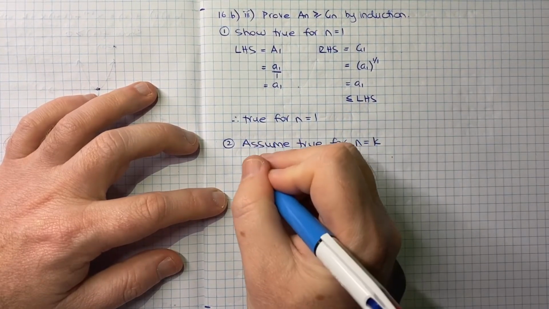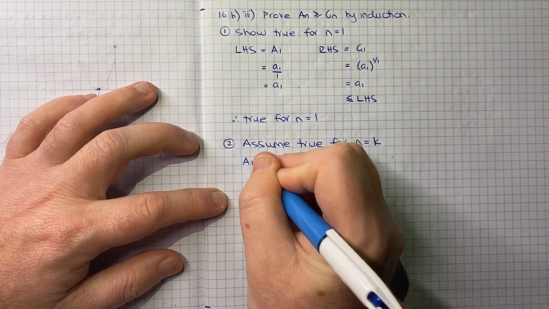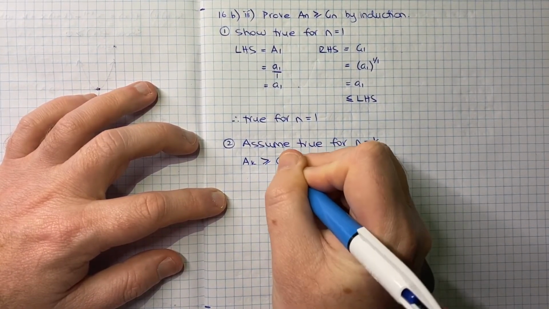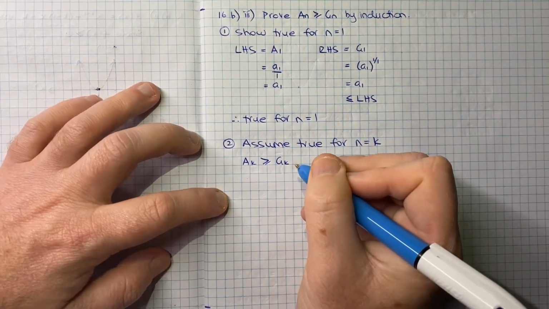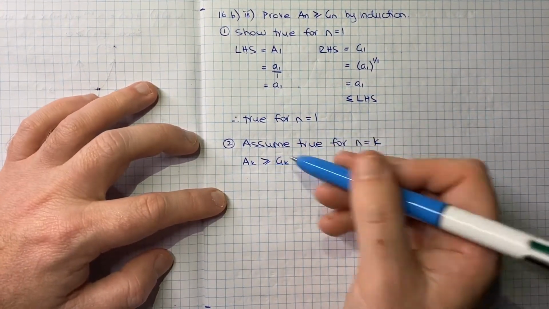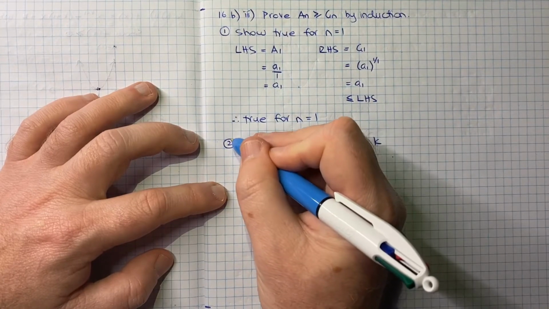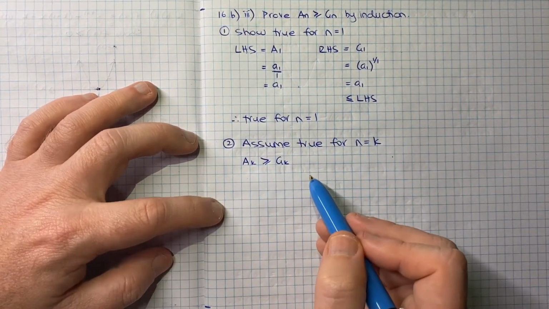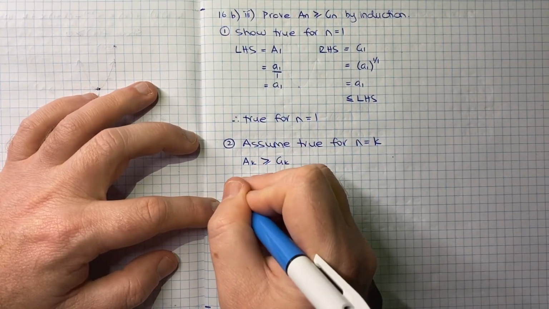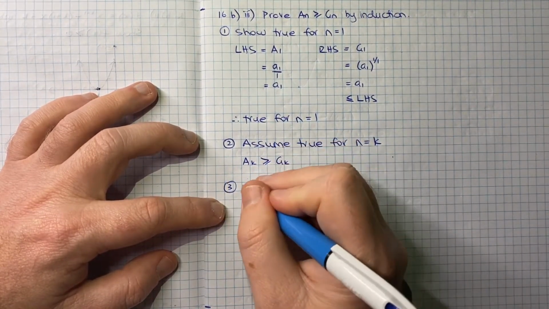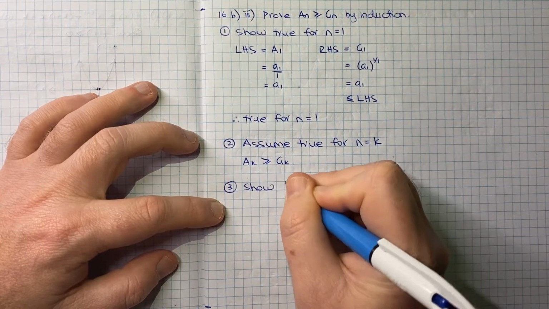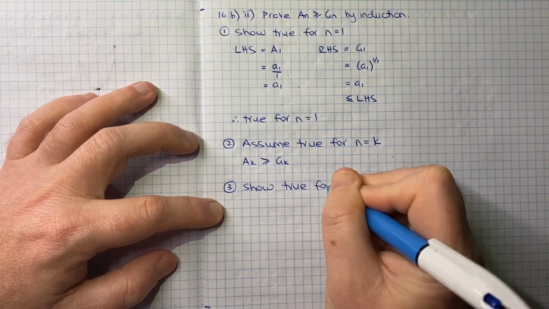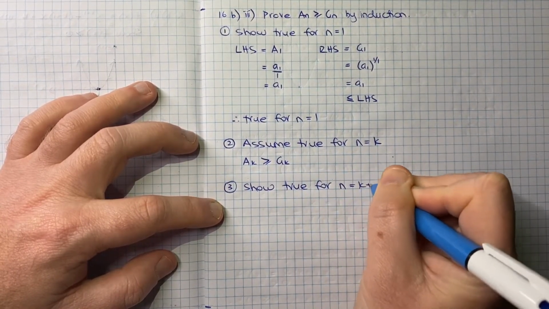So what we're saying is that we're going to assume that A_k is greater than or equal to G_k. And you hope that when you get to step 3 you can find some kind of link here. So now let's go to step 3, where we want to show true for n equals k plus 1.